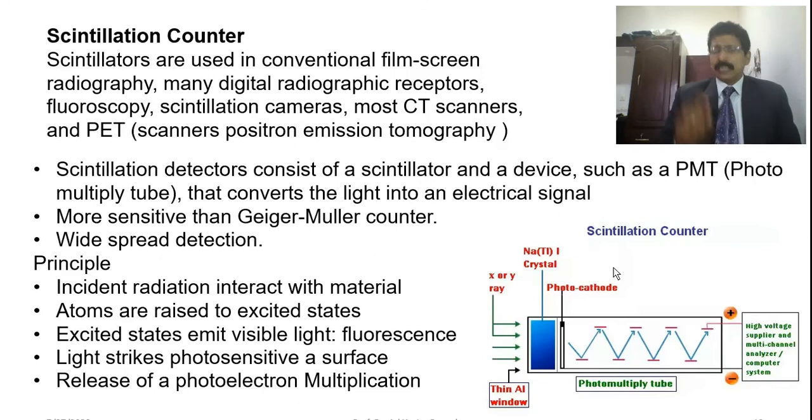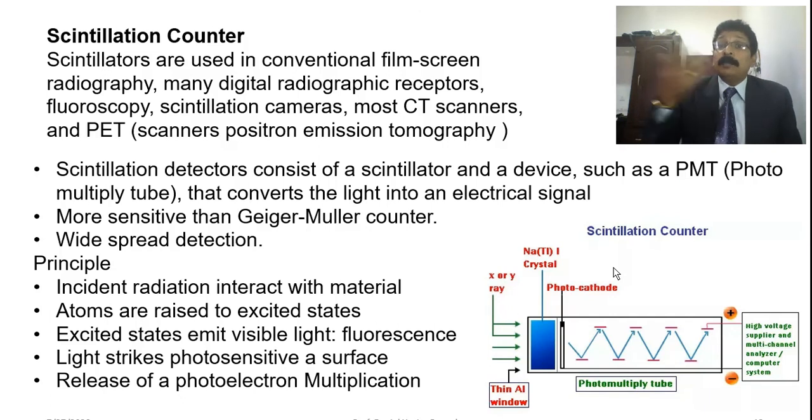And the scintillation counter is a little more advanced. Here we are using a photomultiplier tube, that is PMT. In the photomultiplier tube, one electron will be multiplied, so even very minute amounts of radioactive substance can be detected.